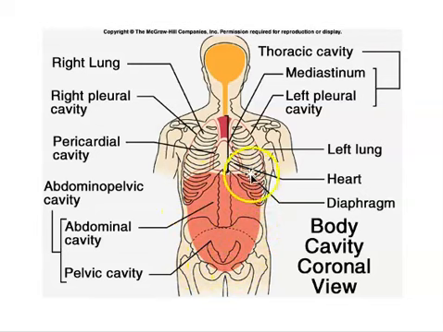The diaphragm would be located just superior to that cavity. We can see the rib cage over the right and left lung, so there's a pleural cavity here and another one here. There's a pericardial cavity surrounding the heart and a mediastinum right in the center from the neck down to the diaphragm right here.